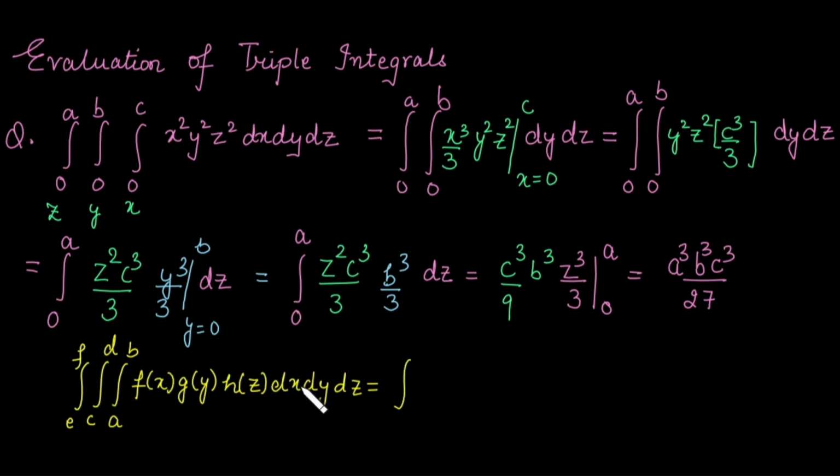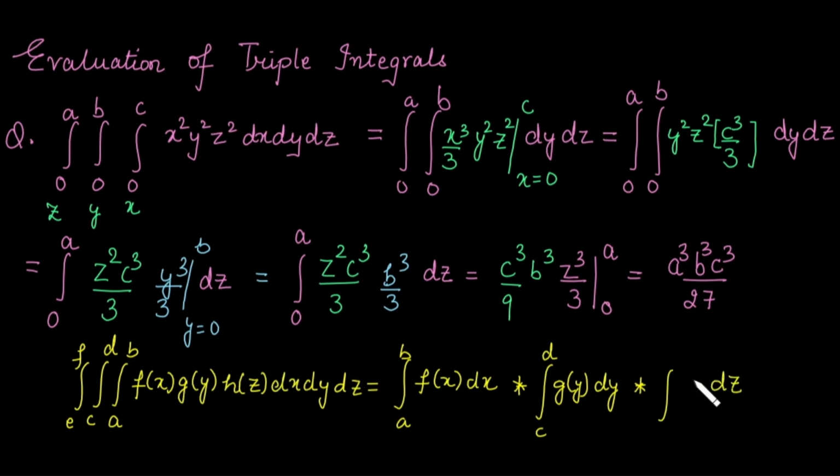That is, for x the function is f(x) and the limit of x in this case is a to b, into integrate with respect to y and the function of y is g(y), limits are c to d, into integrate with respect to z and the function in this case is h(z) and the limit of z in this case is e to f.